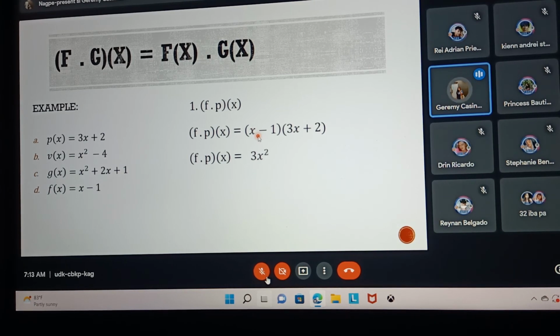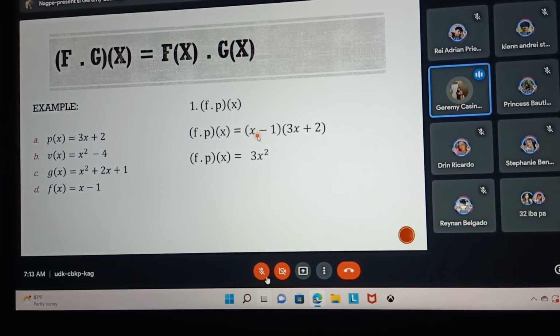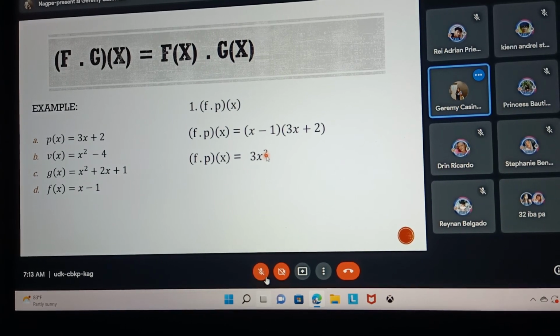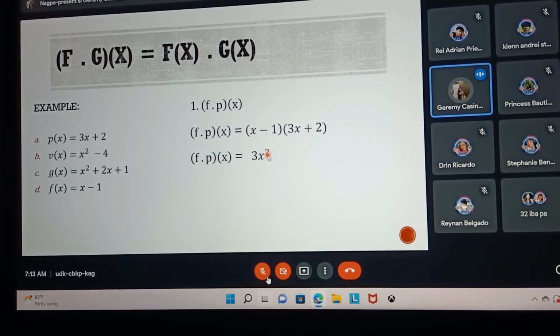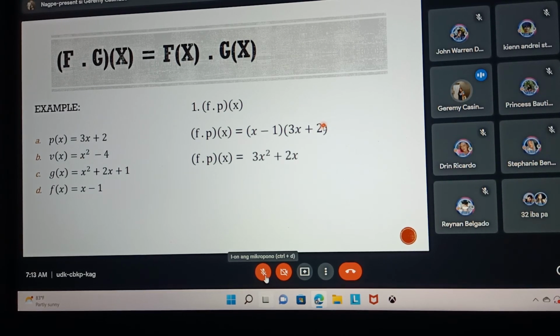So we have the exponent, ang value ng exponent natin sa x is 1. Dito naman sa 3x is 1 din. So 1 plus 1 is 2. Next, outside, that is what? x times 2. Tama? x times 2 is equals to? 2x po. Okay, 2x. That's correct.